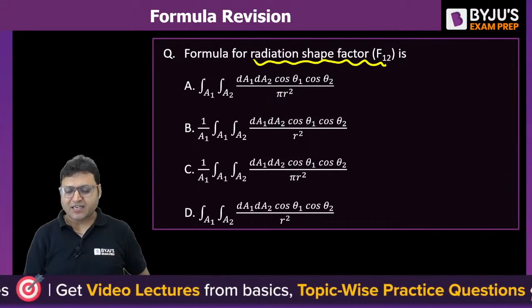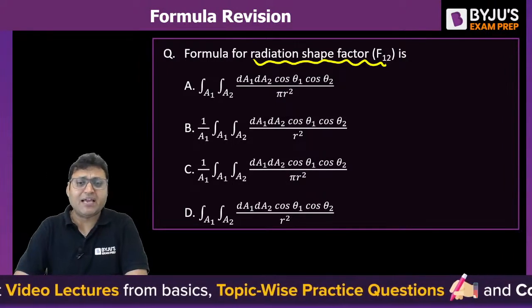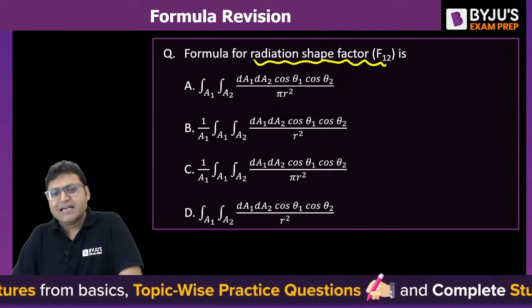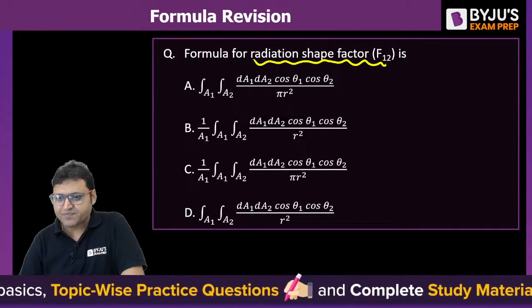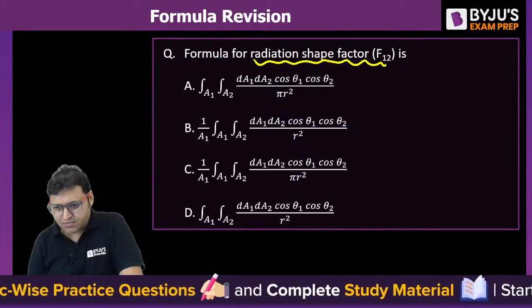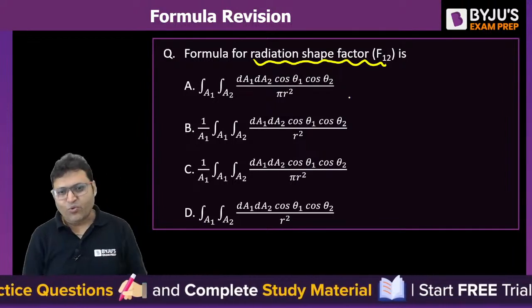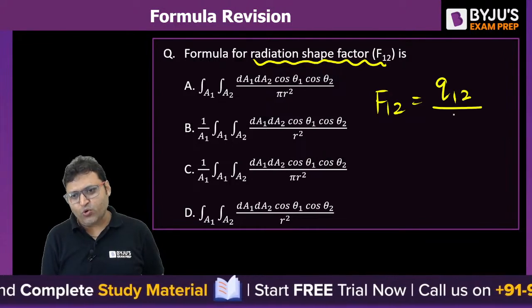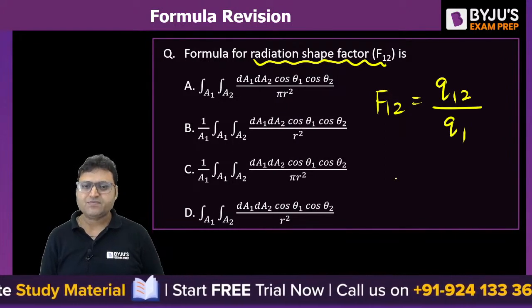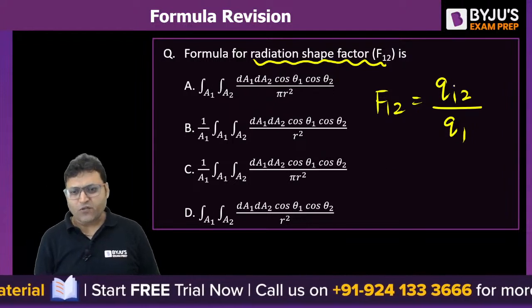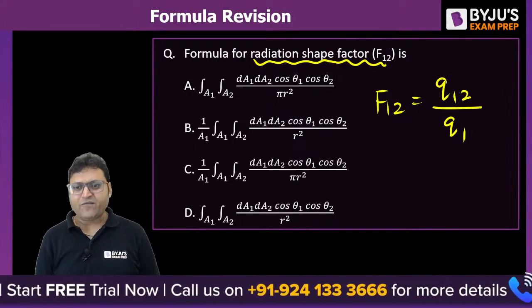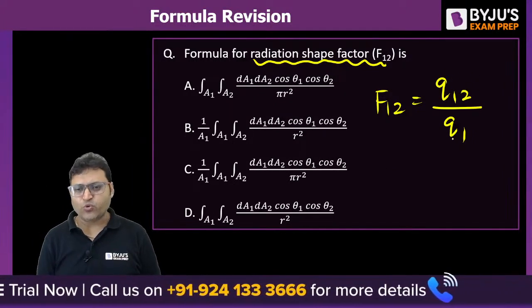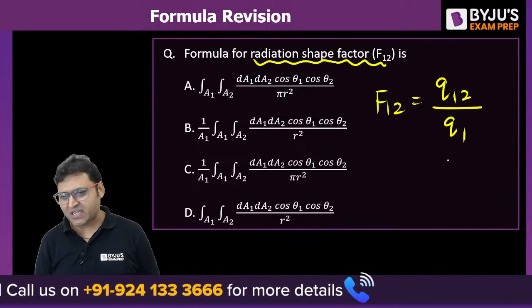There is an important parameter in the analysis of radiation called the radiation shape factor. So what is the radiation shape factor? F12 is equal to Q12 upon Q1. The ratio of radiation leaving surface 1 and received by surface 2 to the total radiation leaving surface 1.